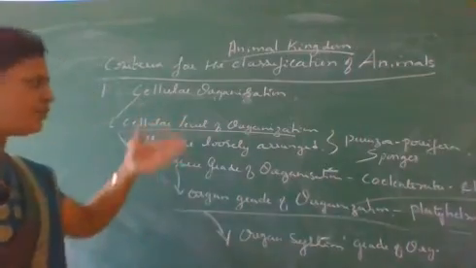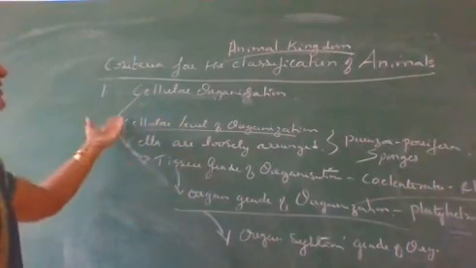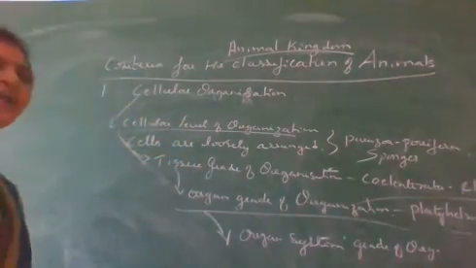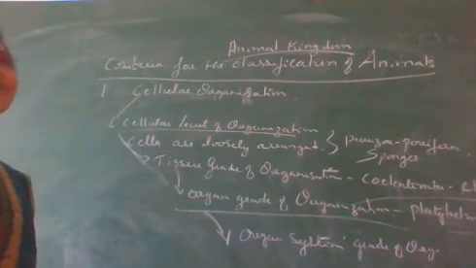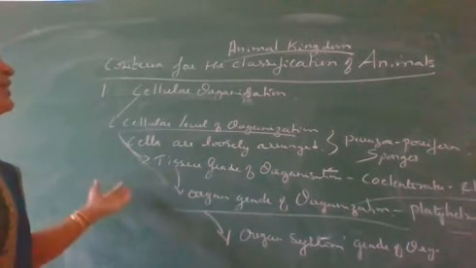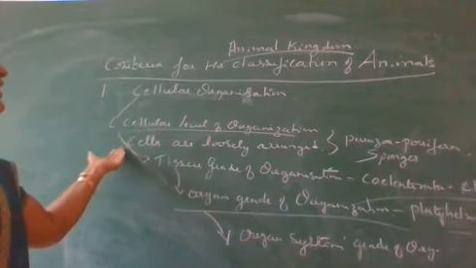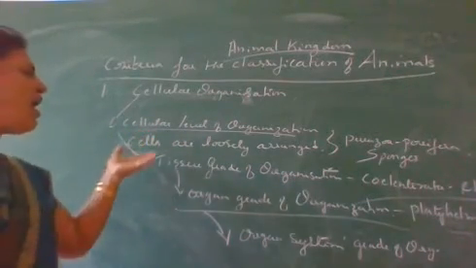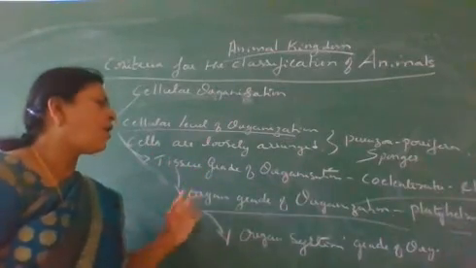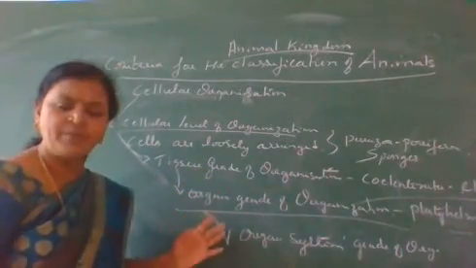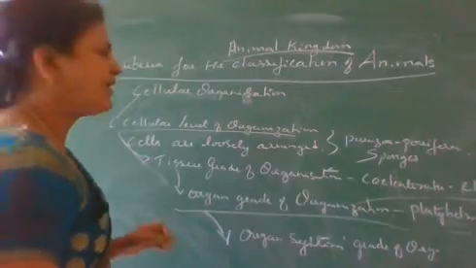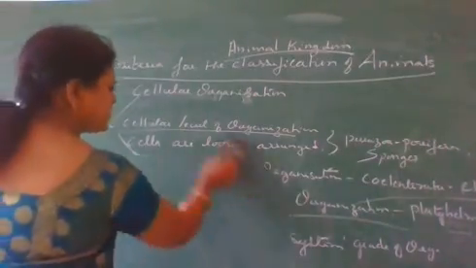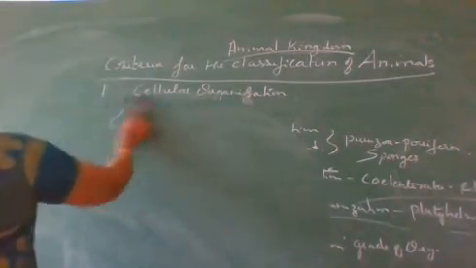So in this way, based on cellular organization, we can classify the animals, whether they show only the loosely arranged cellular level, or tissue grade, or organ grade, or organ system grade of organization.